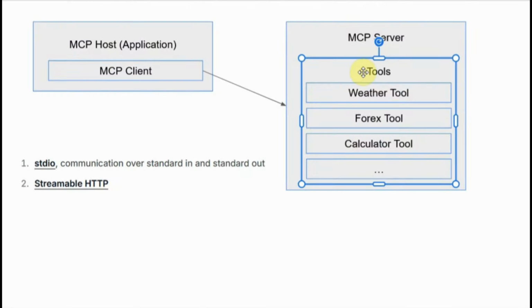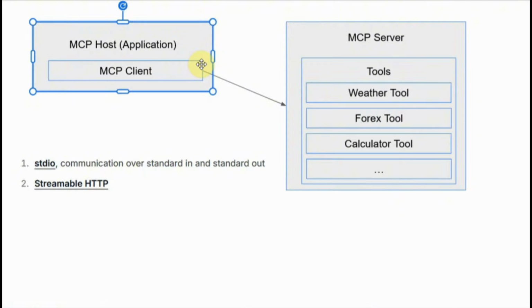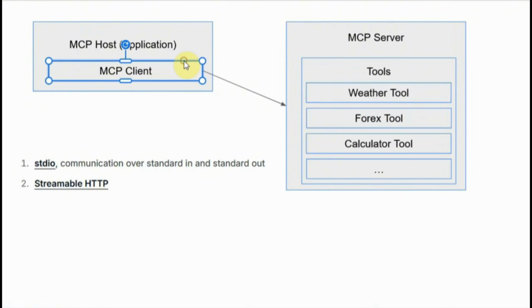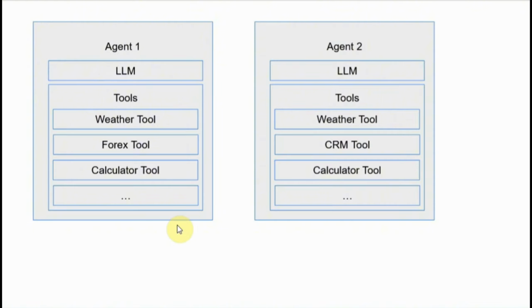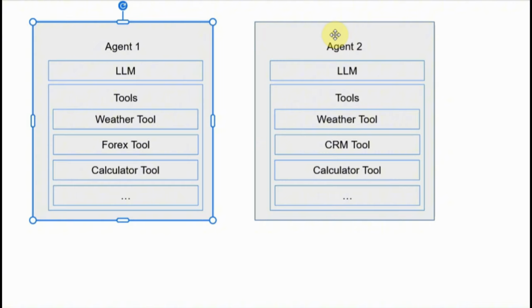And these tools are made available to the MCP host by means of the MCP Client. So this is the crosstalk between the MCP Client and the tools. So why has the MCP protocol emerged? Imagine a situation where we have two different agents, and these agents can be implemented in very different SDKs.